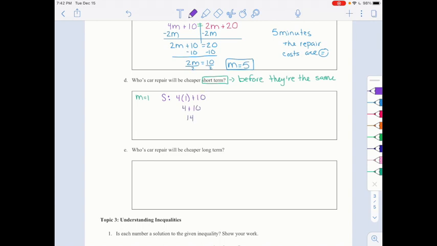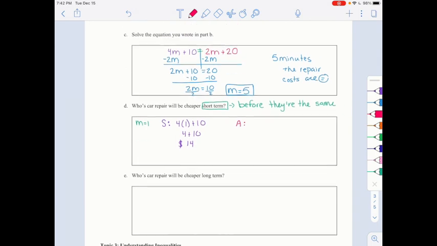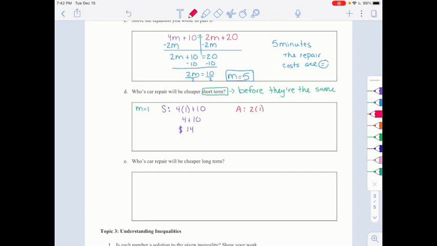So Sandra is going to cost 14 if she only gets a repair for 1 minute. It's a really quick thing. And then Aaron is going to get 2 times 1 plus 20. That's going to be 22. So Sandra's car is cheaper to fix short term.